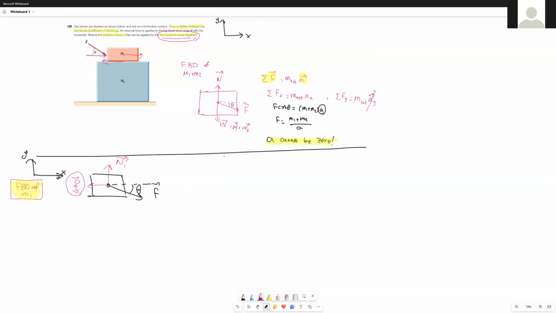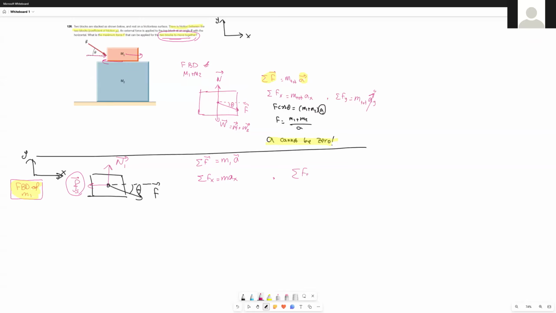Now, let's write down Newton's second law for M1. Sigma F on M1 is going to be equal to M1A. On the x-axis, sigma Fx is going to be equal to MAx. Ax cannot be zero if you want them to move together.